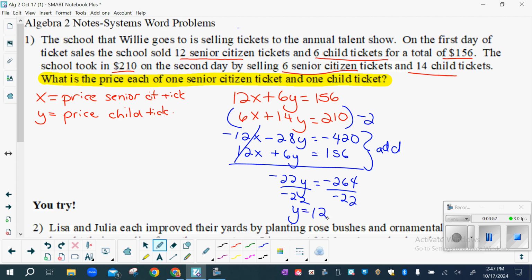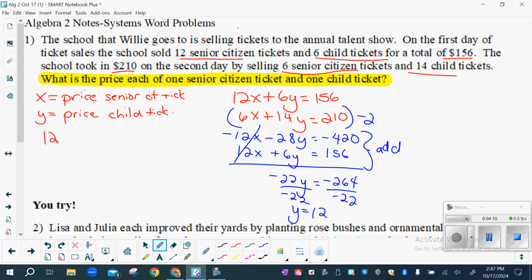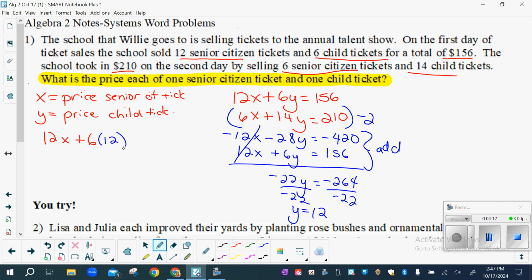So now how would we find out what x is? Either equation, it doesn't matter, the first one or the second one. So let's use the first one. 12x plus 6 times 12 is equal to 156.